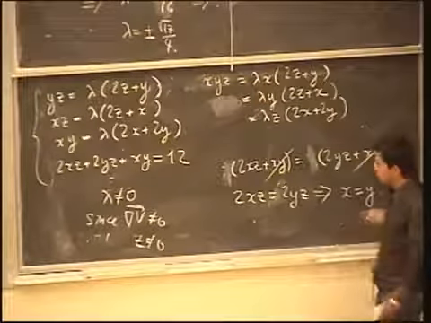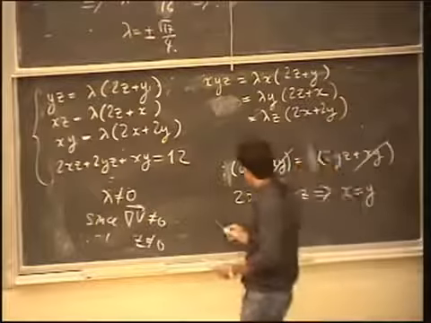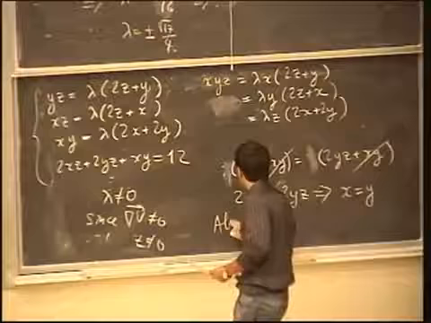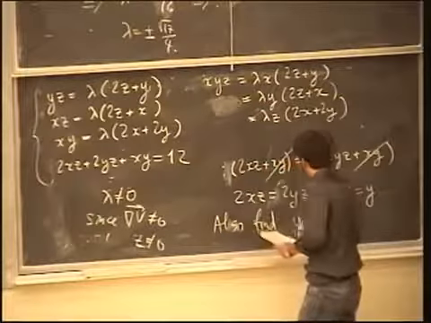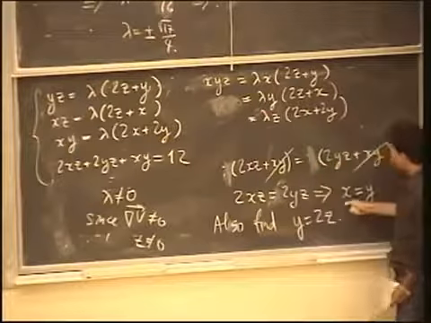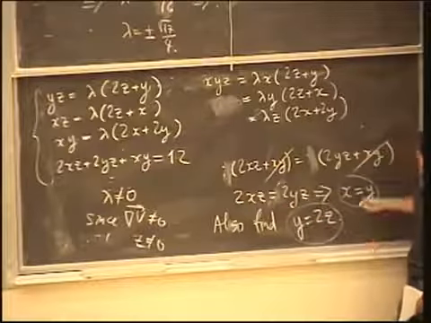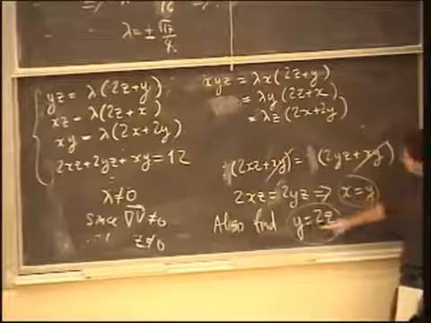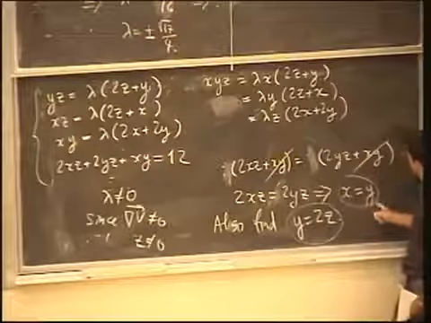And then if you substitute in a similar way, we also find that y is equal to 2z. So you've got two relations between x, y, z. x is equal to y, and y is 2z. So x is equal to y, and x is equal to 2z.